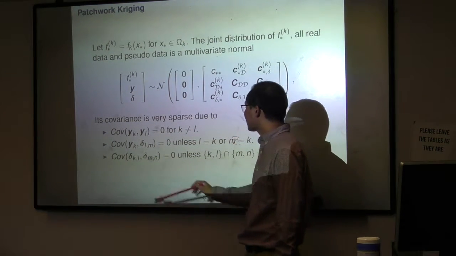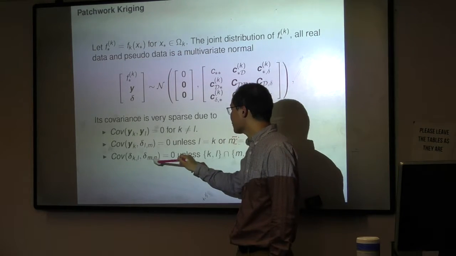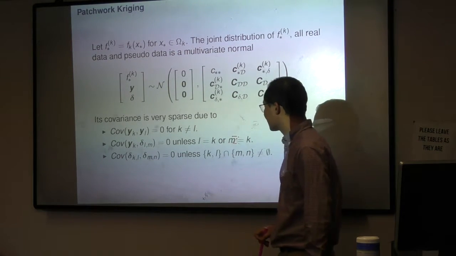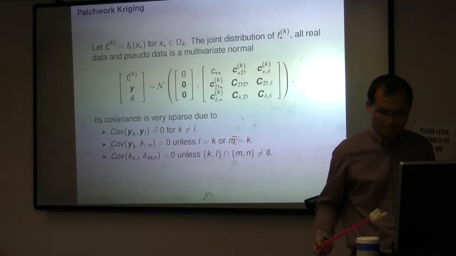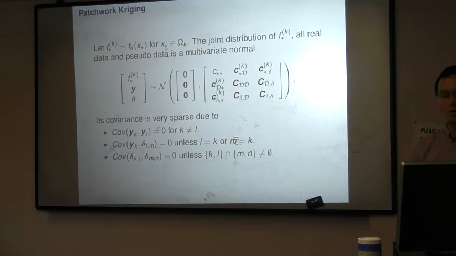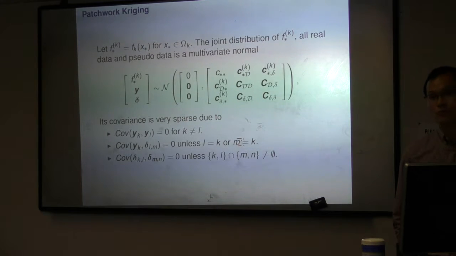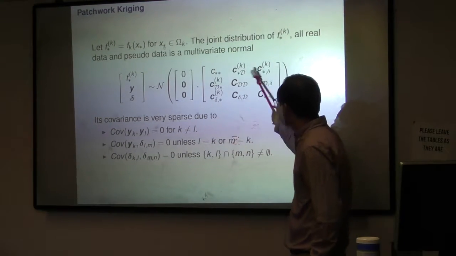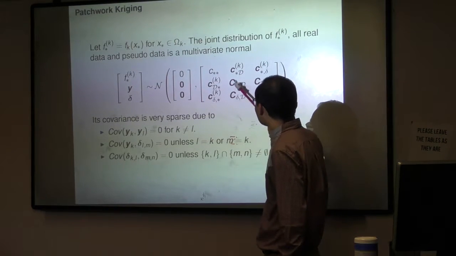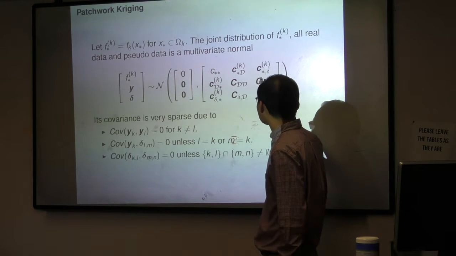And also, among the pseudo data, you have some correlations depending on the location of the pseudo data. If the boundary is shared by the same two local models, you have non-zero covariance among the pseudo data, but otherwise all zero. So this sample covariance matrix is going to be very sparse. This is block diagonal, and this is sparse.